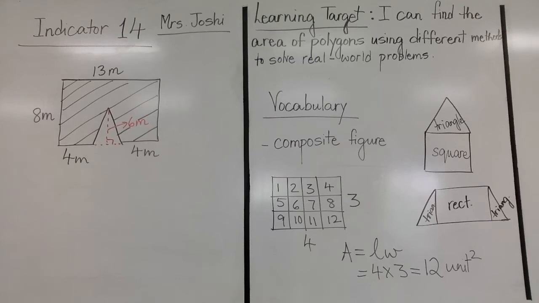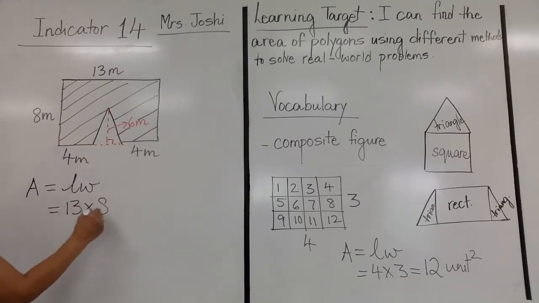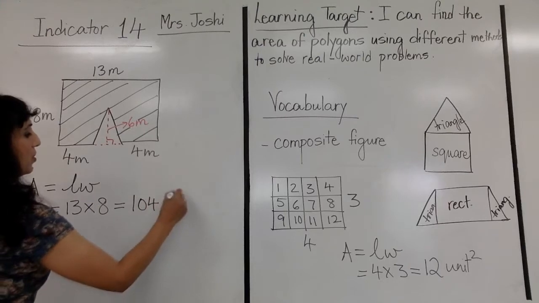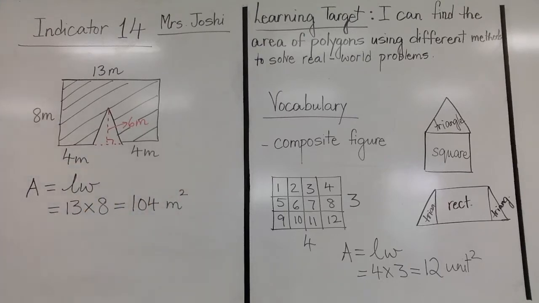Okay, so let's find the area of the rectangle. The area of the rectangle is length times width, and so I get 13 times 8, which gives me 104 meter squared.